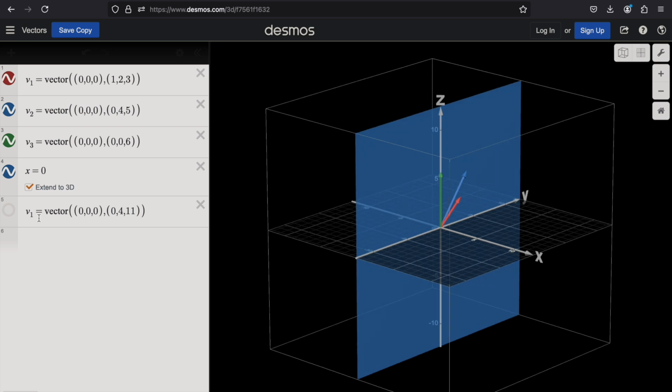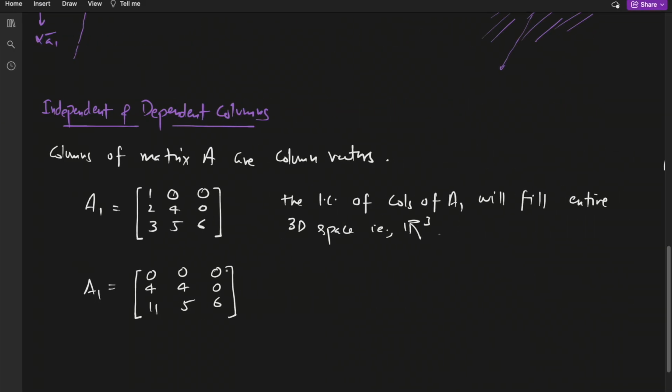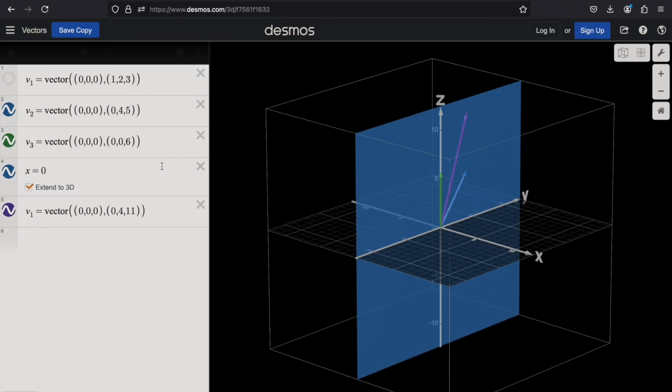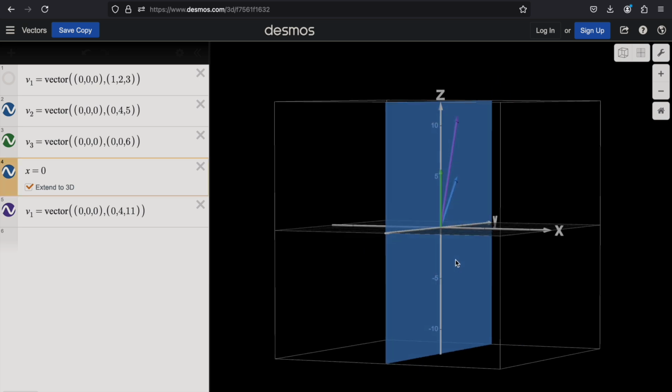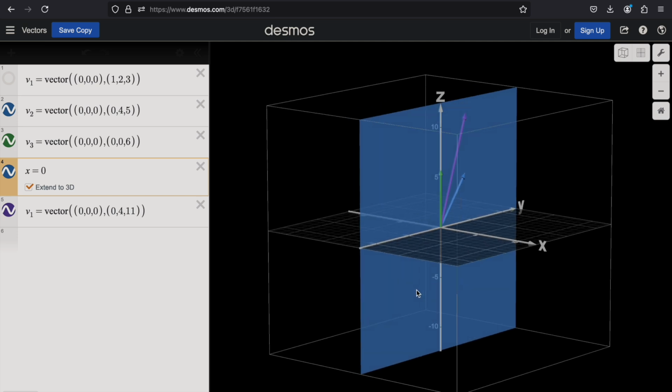Now if you see this third one, these two remain the same, but this one has changed to 0 4 11. So now this third vector, the purple vector, still remains in the same plane, right? We can get the purple vector from a linear combination of these two vectors, green and blue.